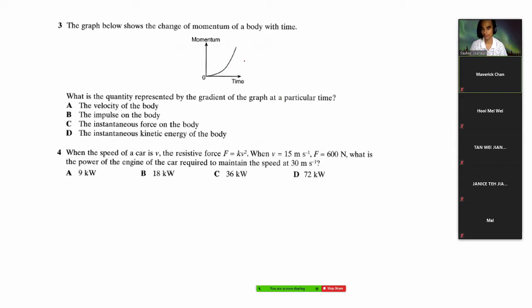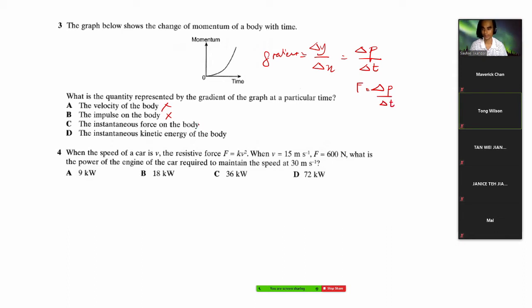The gradient equals change of y over change of x, which is change of momentum divided by change of time.